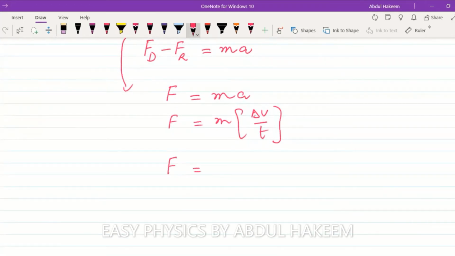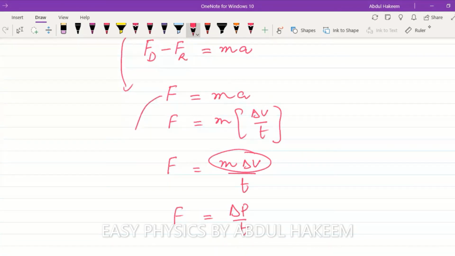Now, F is equal to m times delta V over t, and m times delta V is the change of momentum, divided by time. Look, F is equal to ma is converted into F is equal to change of momentum over time. So these are the two equations for Newton's second law.